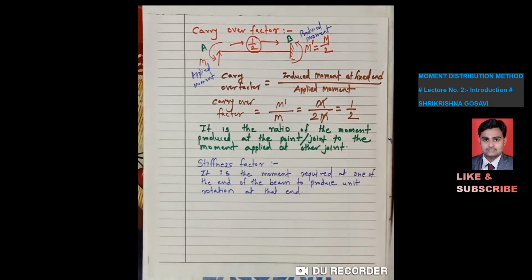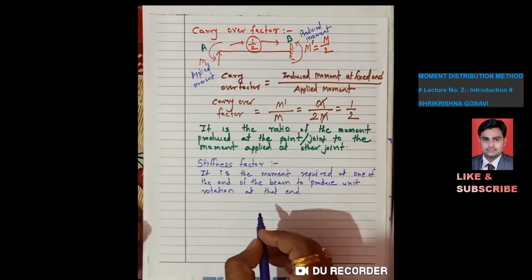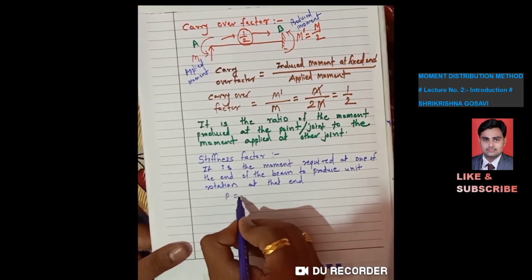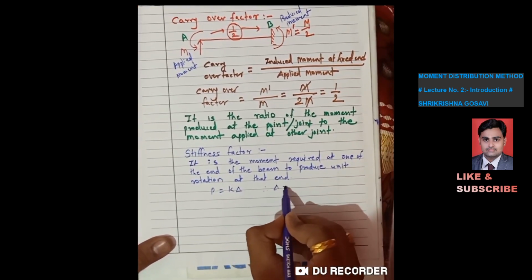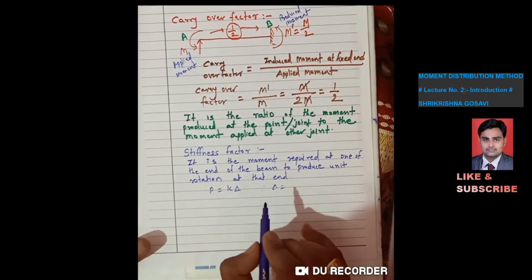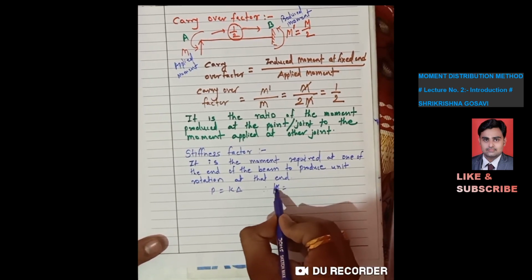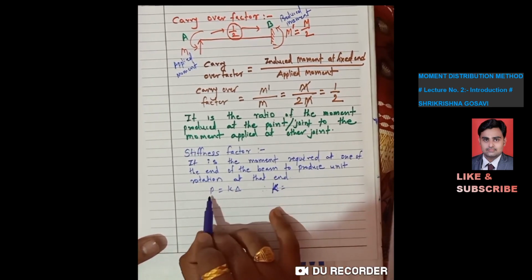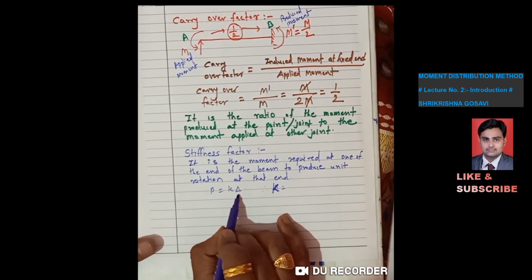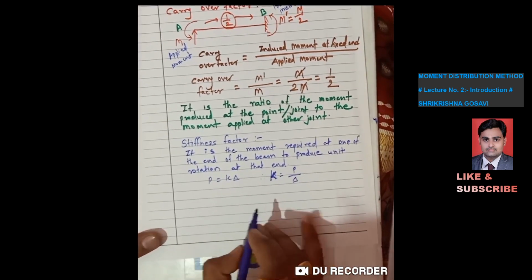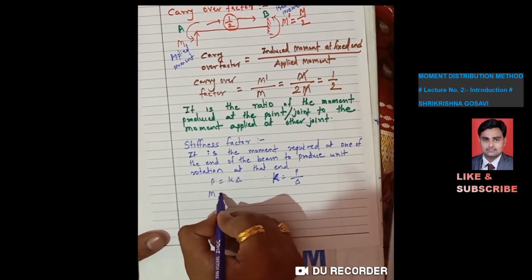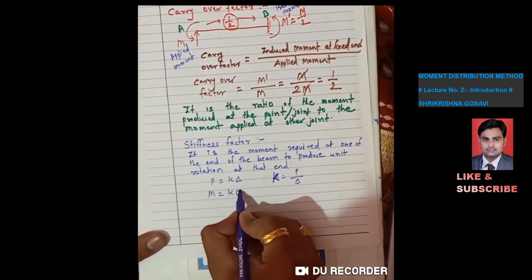The basis for stiffness is that we know P is equal to K into delta. Force is equal to stiffness into deflection, so stiffness is P by delta. Similarly, instead of force, if a moment is there, then M is equal to K into theta.